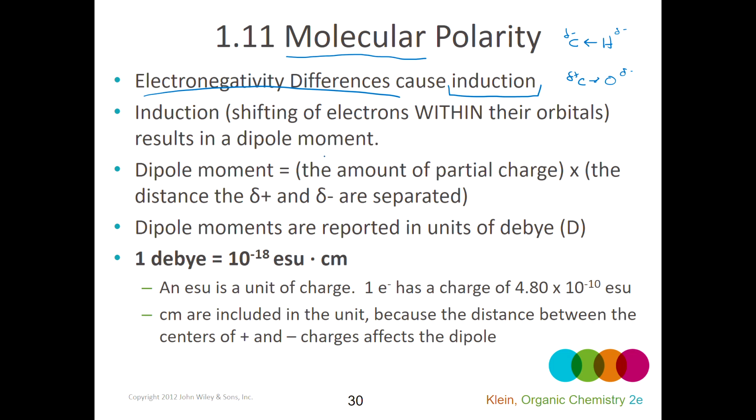So when we're dealing with overall polarity, there is a mathematical way to calculate that, and there are specific units involved in that. For the most part, I won't ask you to use the formula or calculate any values for polarity. I might give you some values as we are here in the lecture giving a couple of values to illustrate some points.